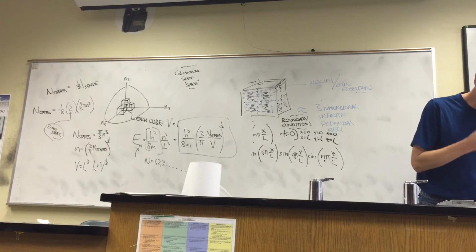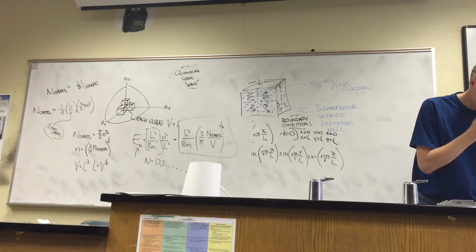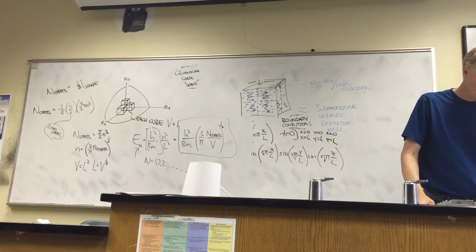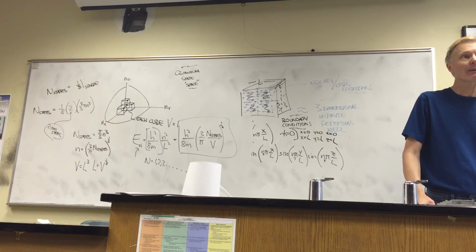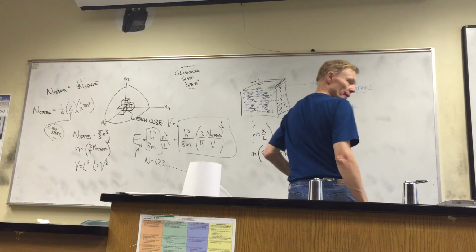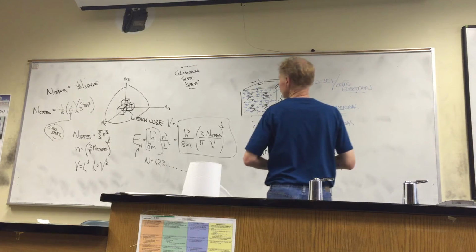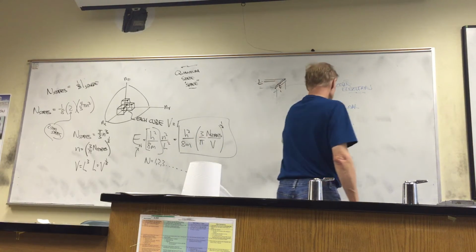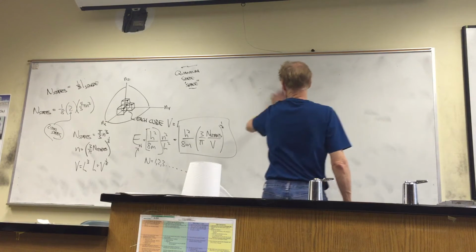So if this is a piece of copper, how many atoms would I have in a particular volume? Because this is what the energy is saying it depends on.